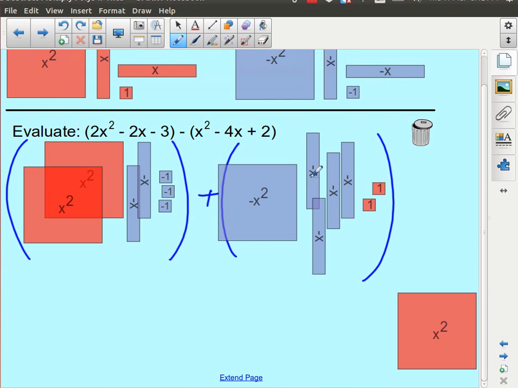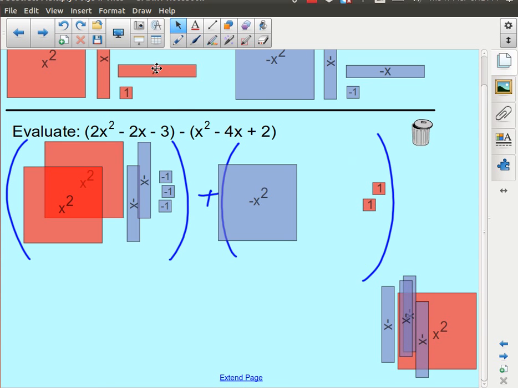This is going to become a plus now. We would throw away these 4 negative x's and replace them with positive x's. And we would throw away these positive 2 and replace them with negative 2.